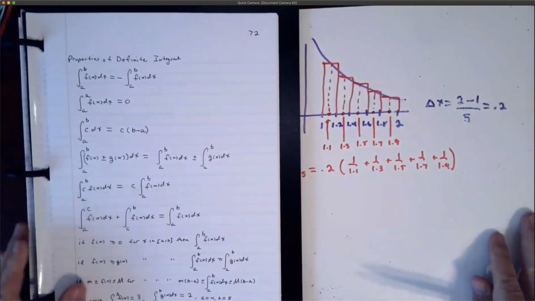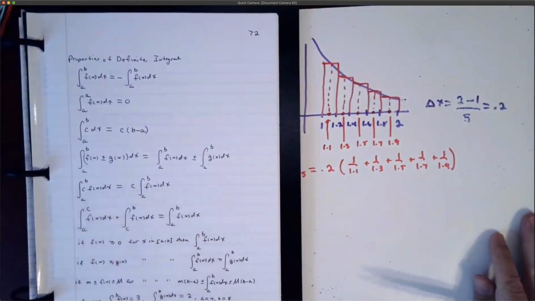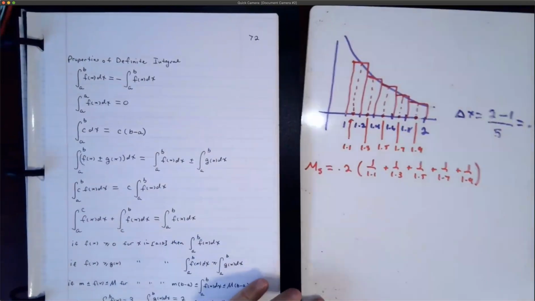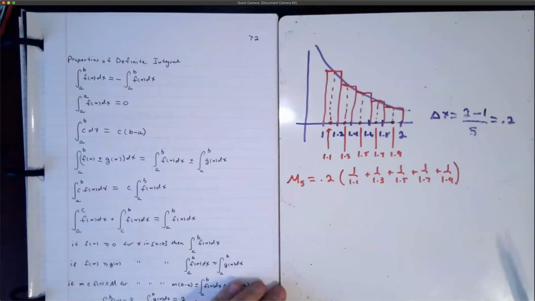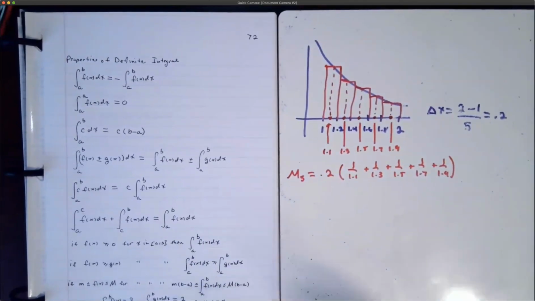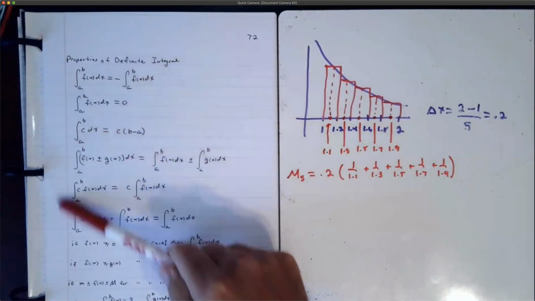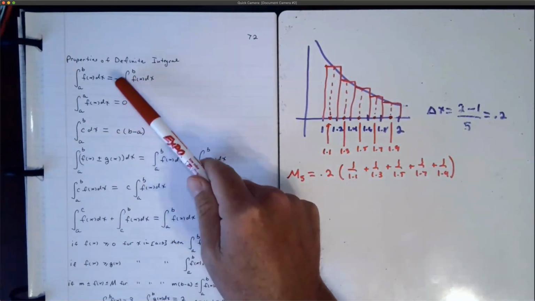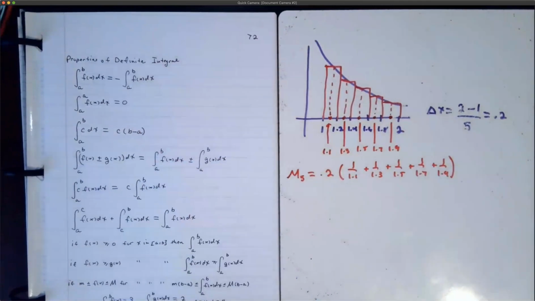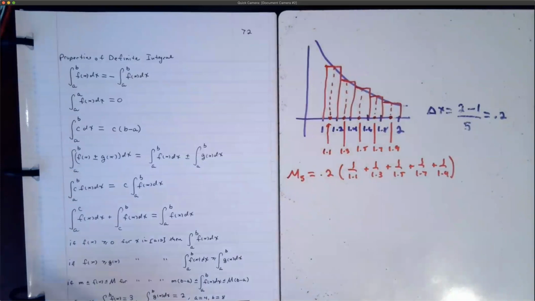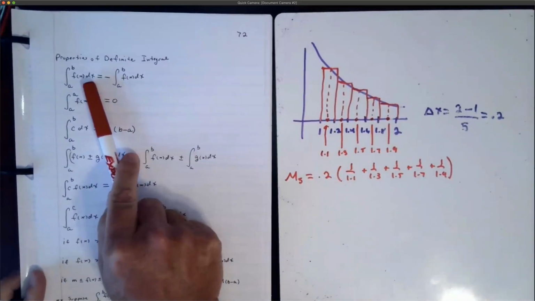All right. So the definite integral has some very nice properties. And these properties will allow you to simplify and work with definite integrals. So the first property is a little strange.